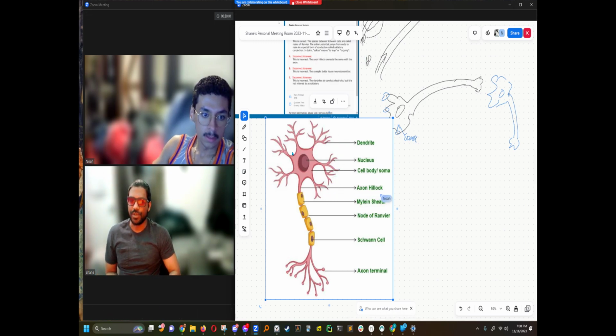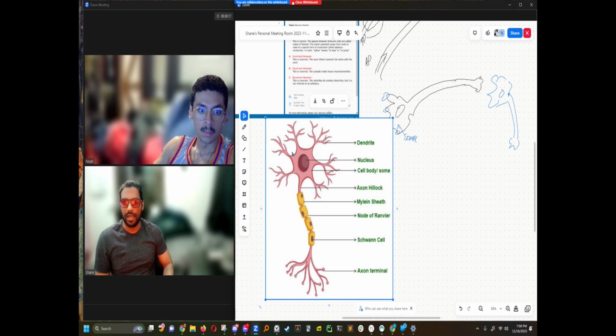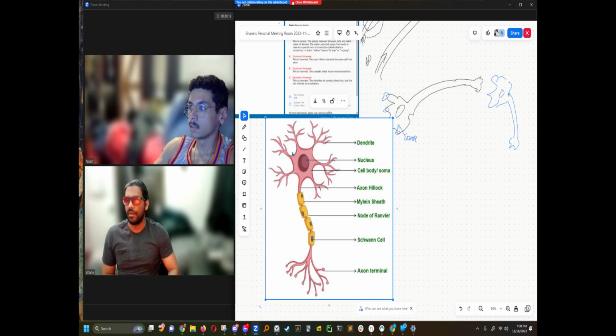Yeah. So you see how the dendrites are these branches along the cell body of the neuron, and the cell body can also be called the soma. And then the axon hillock is simply the part where that long end starts to become long.